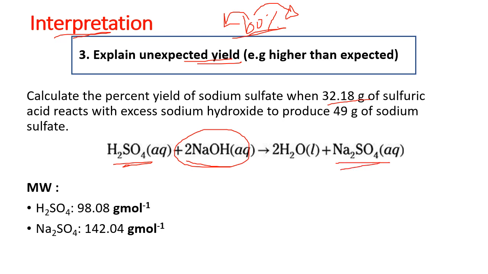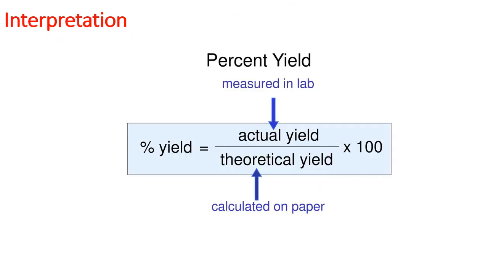So, in order to calculate the percentage yield, first I have to calculate the theoretical yield, which will give me 100% percentage yield, and then I will calculate the actual yield and compare both of them.